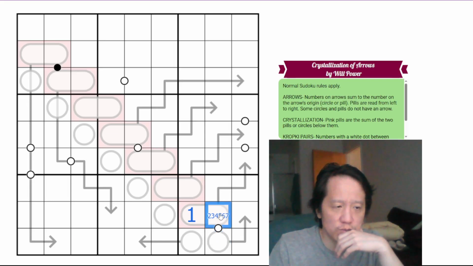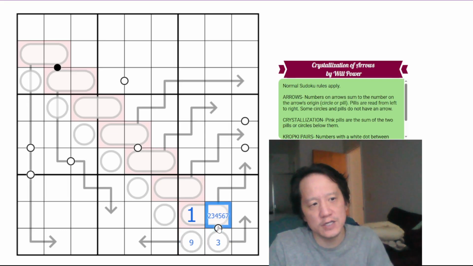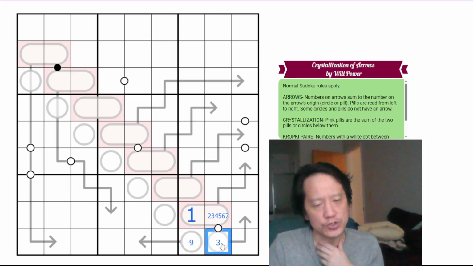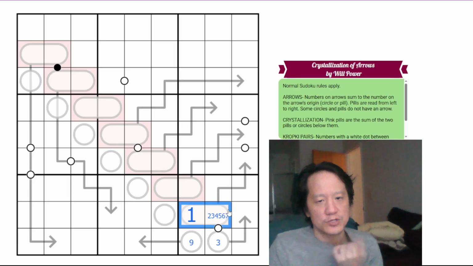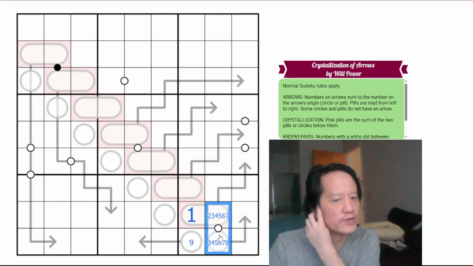Well, if this is 12, this must be 3 and 9. If this is 13, it cannot be 2 here, because 2 plus another single digit never adds up to 13. So if it's 3, this is 4, 5, 6, 7, and 8. So this is always one different than this one, because these are consecutive.